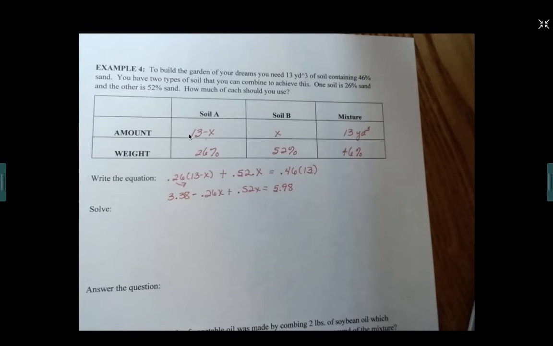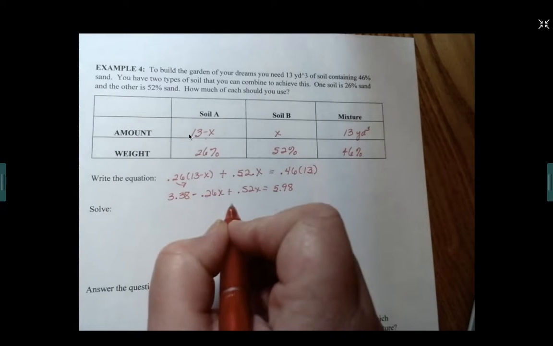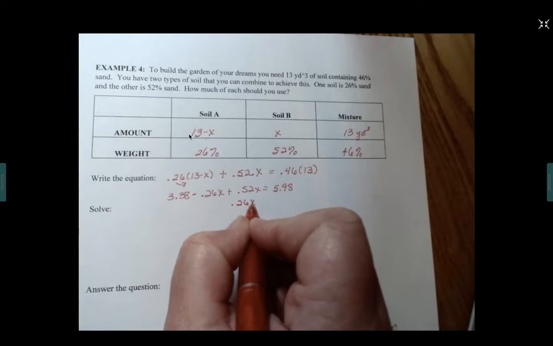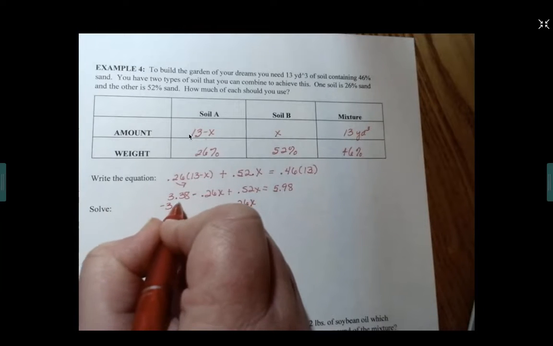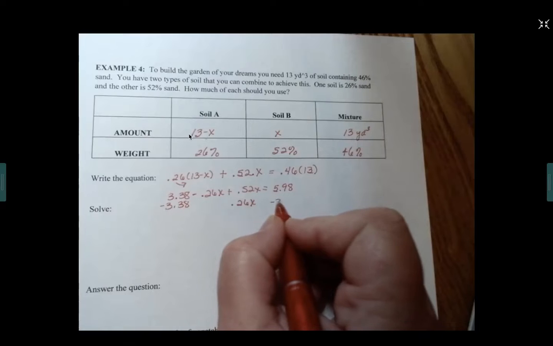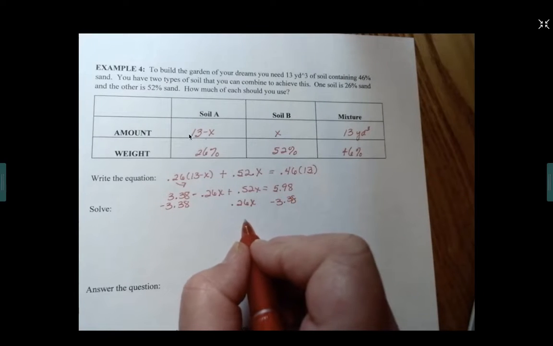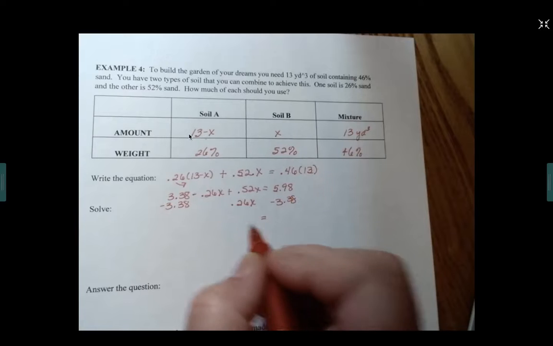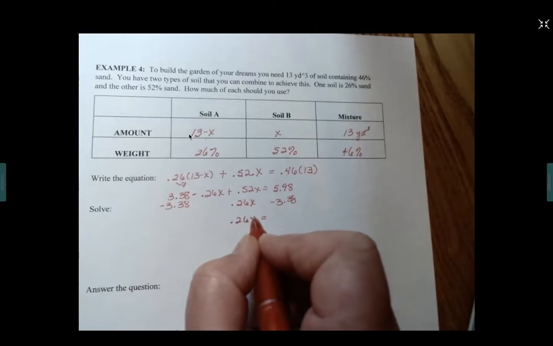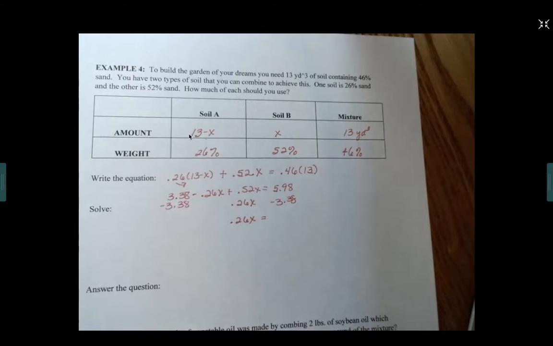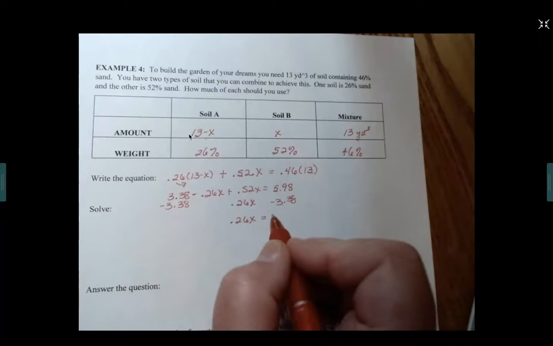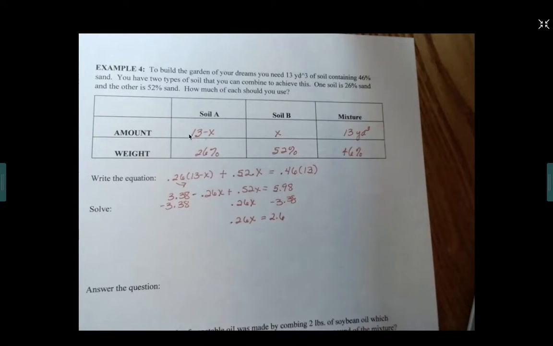No reason to use inverse operations. So I'll get a positive 26 hundredths x. I'm going to subtract 3 and 38 hundredths from both sides. And I get 2.6, or 2 and 6 tenths.